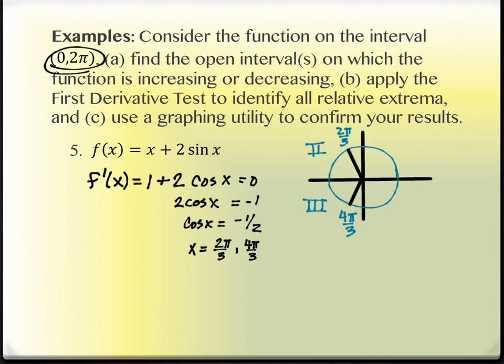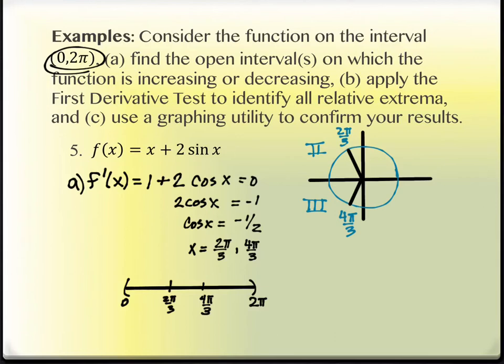So we're still working on part A because that's the critical points that it didn't specifically ask me for. But it did ask me to find where it's increasing and decreasing. So I need to do my sign chart. It is capped from 0 to 2 pi according to the directions. And the two values are 2 pi over 3 and 4 pi over 3.